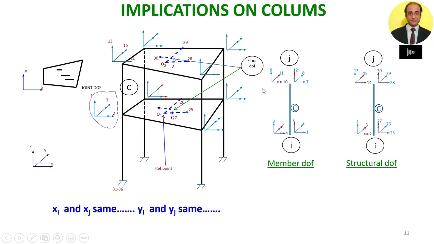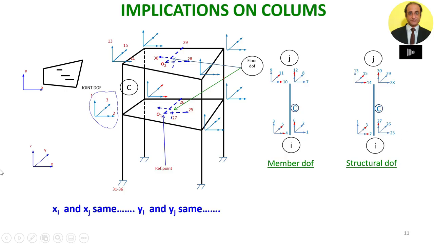Here we are showing the member and the structural degrees of freedom. For simplicity, we have clubbed together the degrees of freedom corresponding to the floor and the ones corresponding to the joint. So you can yourself see the correspondence between the member and structural degrees of freedom. For example, for the bottom joint, we are seeing here the structural degrees of freedom 1, 2 and 3 and 25, 26, 27.